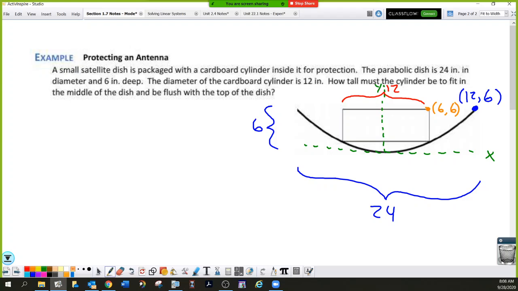So rather than write it as some number a(x minus h) quantity squared plus k, we know that h and k are both 0 because of where we place this thing. So the function right now is really just ax squared. And the a would represent a vertical stretch or shrink. How do you think we solve for that number? Because we need it. How do you think we find it?